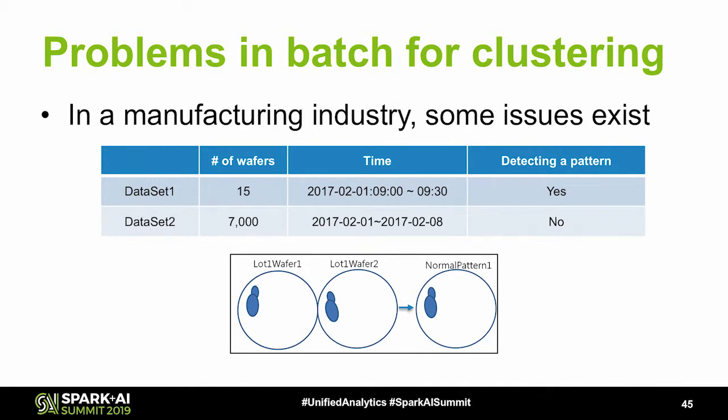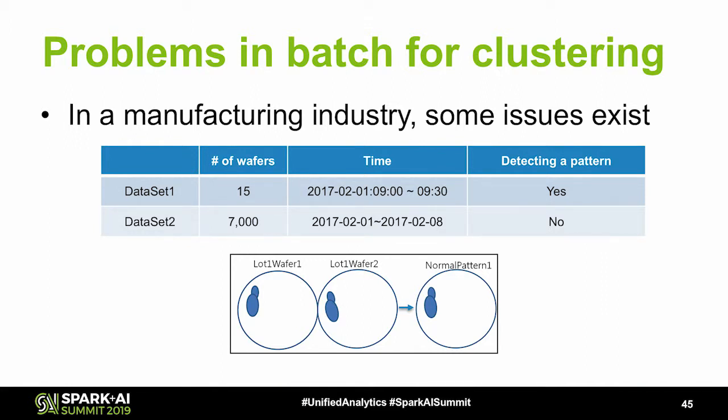However, the MA employing batch mode has some limitations in clustering. We have received a complaint from one of our customers. They said that the similar pattern cannot be found when the number of wafers is 7,000. However, when the wafer size is 15, then they can detect the pattern.